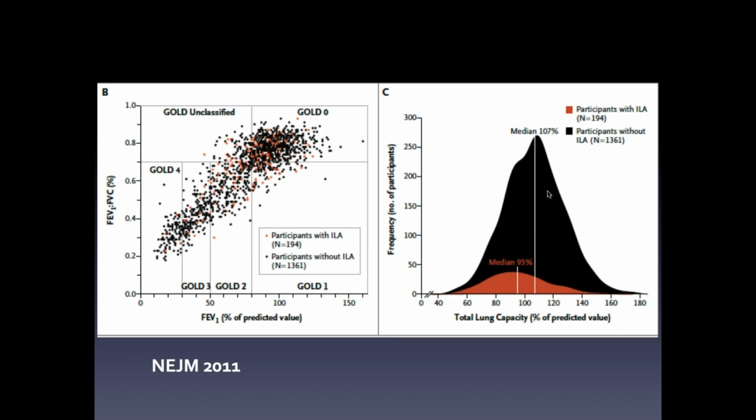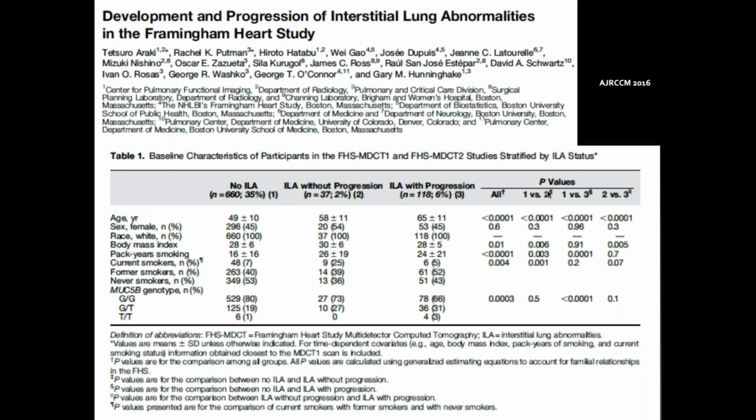Again, the age, this is another study by Araki and co-workers. The age is a little bit lower compared to patients with a clear idiopathic pulmonary fibrosis, but the age is around 58 to 65, with a slight predominance of males.